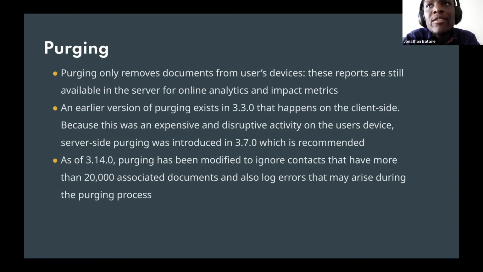And just like you may know, these are really basic specification phones. They have like 2 GB RAM. So it was a heavy burden on the devices and very disruptive to the users. So what was introduced in 3.7 was moving all this paging activity onto the server. We put the burden on the server.